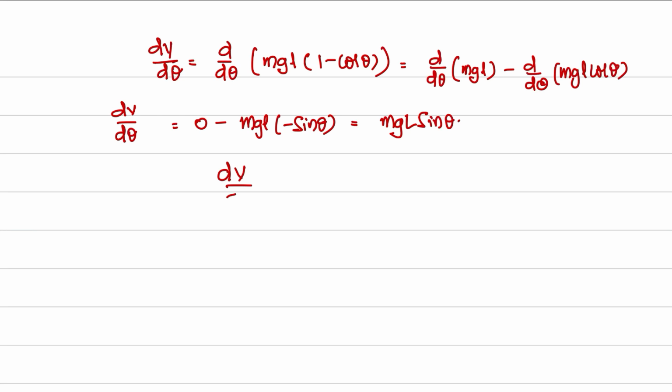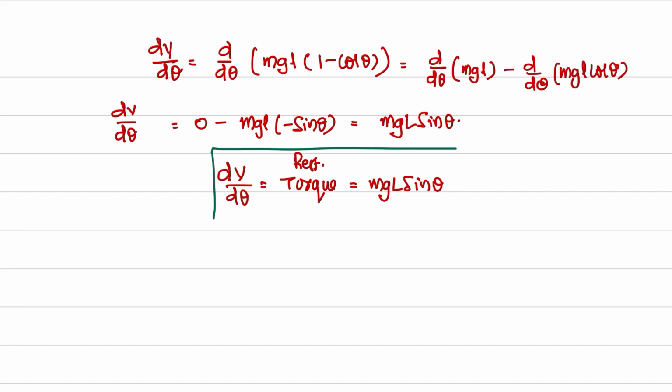dV by d theta is equal to torque. Please see how many terms we are getting. Restoring torque. We call it restoring torque, mgL sin theta, because the system should be in equilibrium. For the system to be in equilibrium, there should be restoring forces and restoring torques.